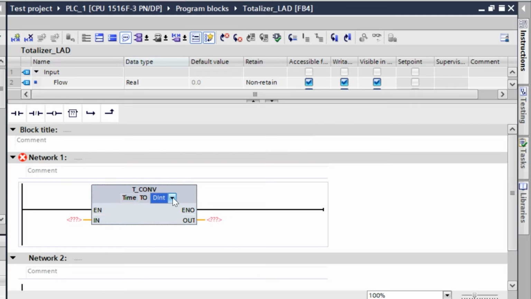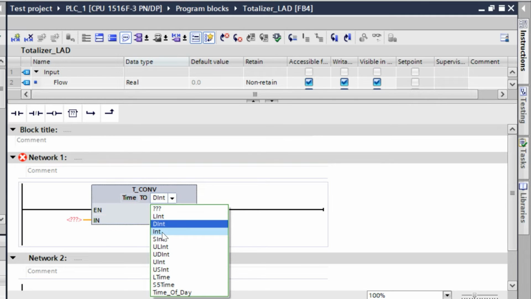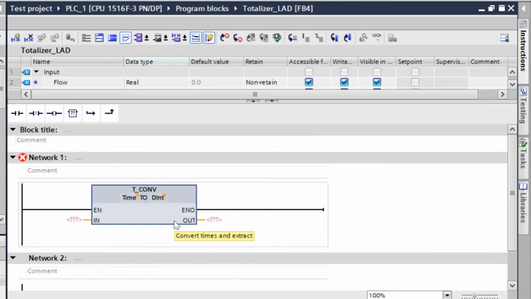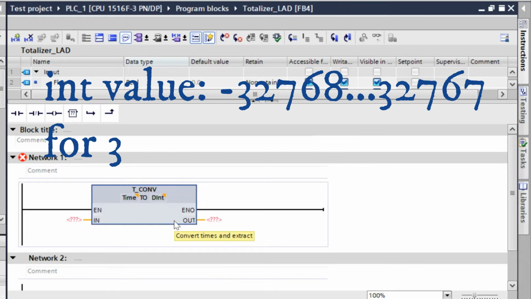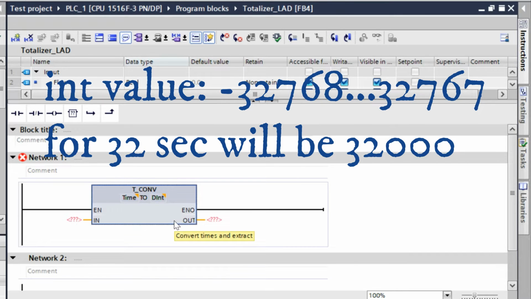If you use the integer value, then you cannot use a periodic time of more than 32 seconds, because when you convert time to integer, it converts to milliseconds, multiplied by 1000. So for 32 seconds it will convert to a 32,000 integer value, and the maximum value of one integer is 32768.